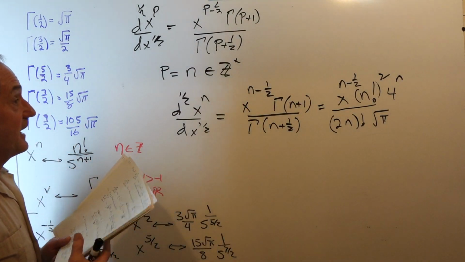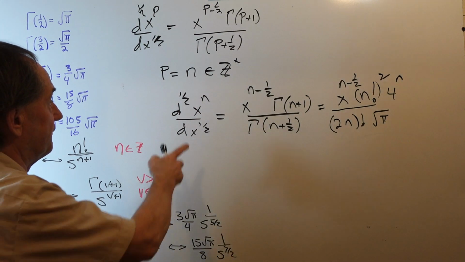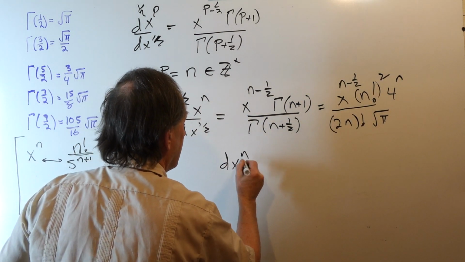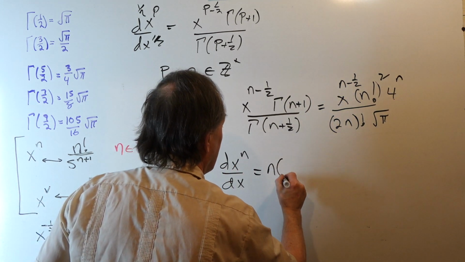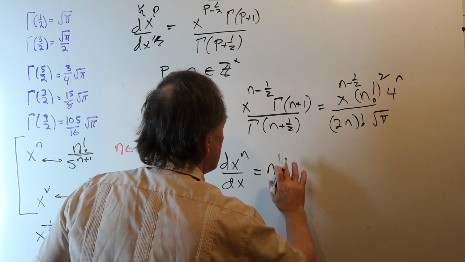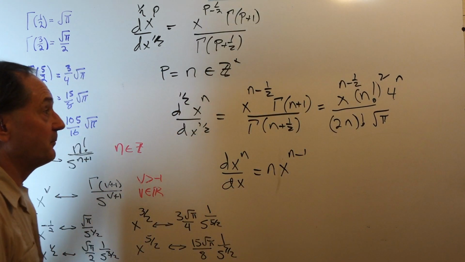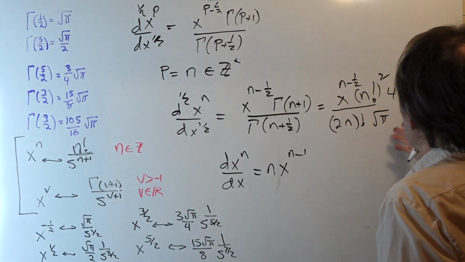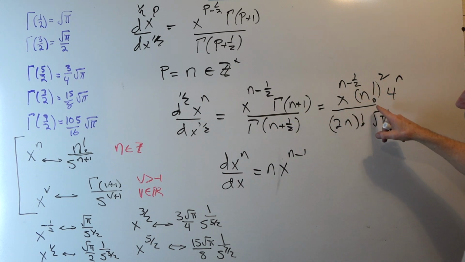So you can see that it's not quite so easy as it was with full derivatives. With a full derivative on x to the n, we just bring the power down and we reduce the power on the exponent by 1. Very simple. Whereas with a 1/2 derivative, it's not quite that simple. It's not intuitive as to what you're going to get.